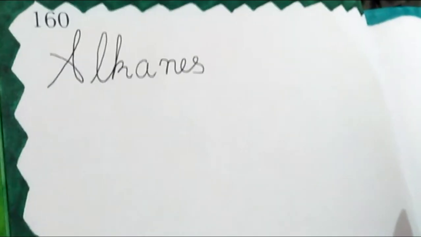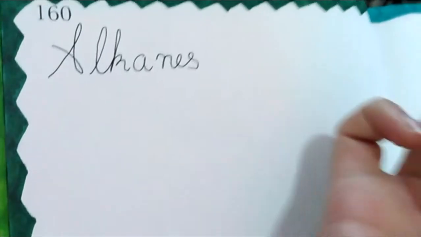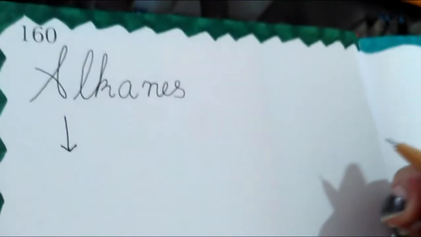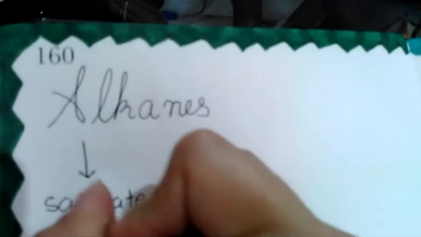Okay, first of all, we have to know what an alkane is. So we are going to start with a simple definition. For understanding what alkanes are, we have to know 4 details, which are that they are saturated hydrocarbons.